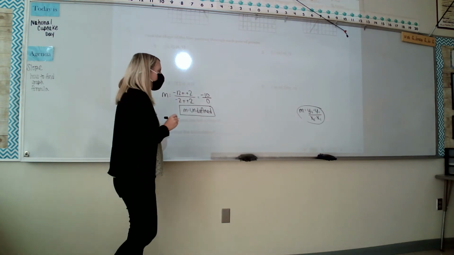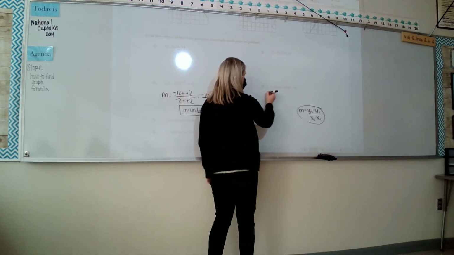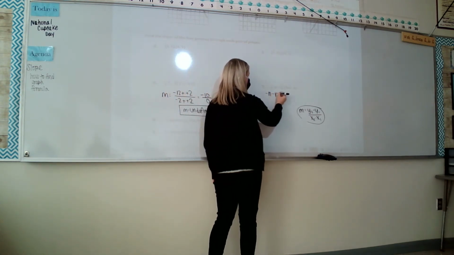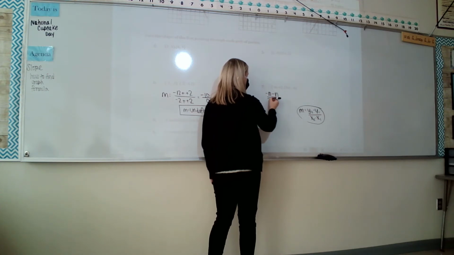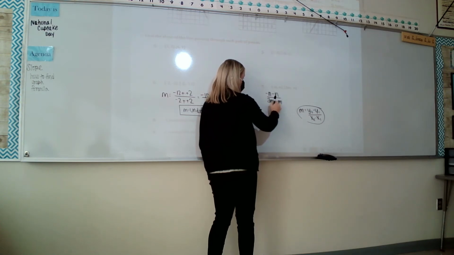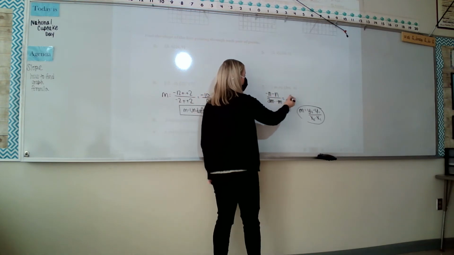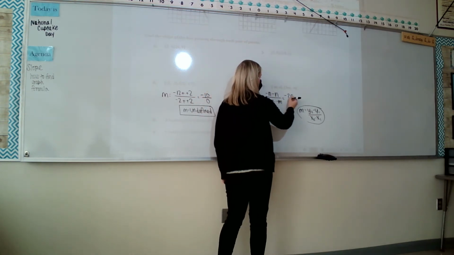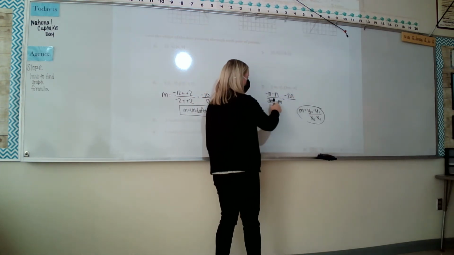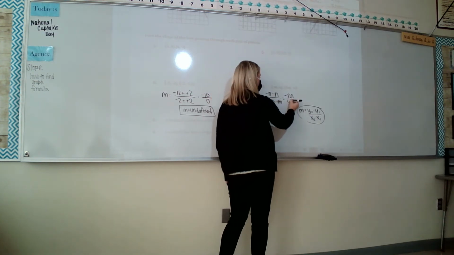And last but not least, number 7, y2 minus y1 over x2 minus x1. That's 2 negatives. So I just do the same thing I do. If there's variables, so be it. Combine like terms, I get negative 2n over 2 negatives would make a positive 4m.